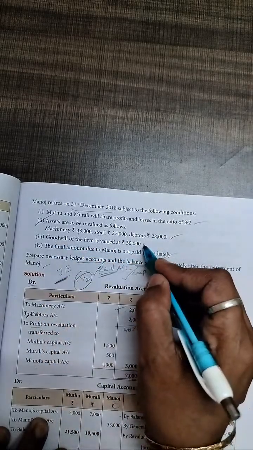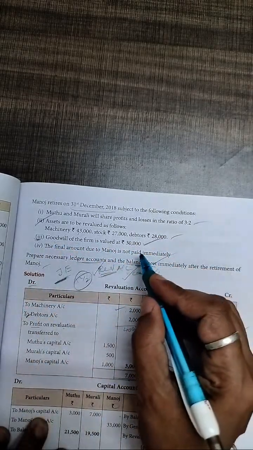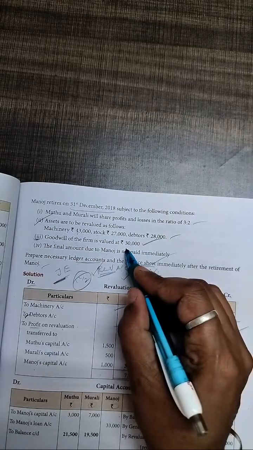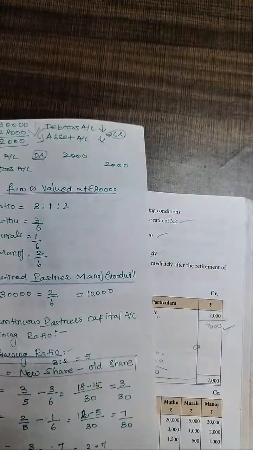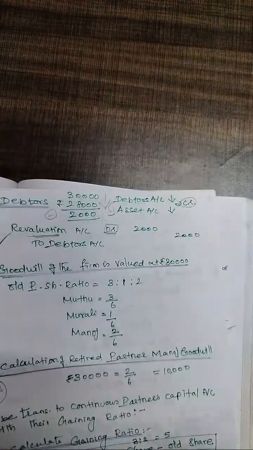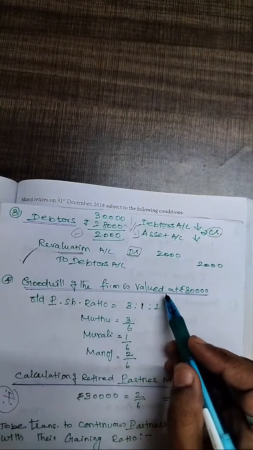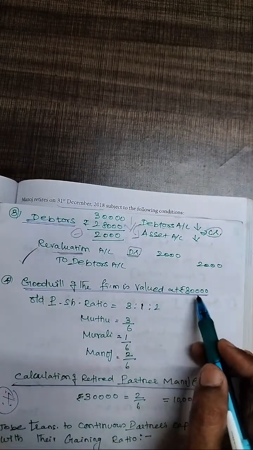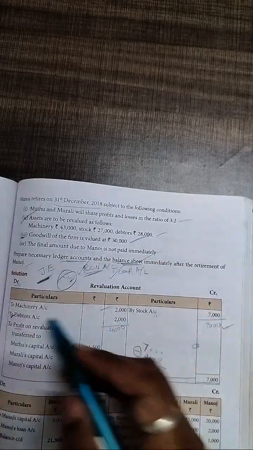So goodwill, let's take the third one. Okay. Third adjustment, goodwill of the firm, they have given 30,000 rupees. Okay. So goodwill of the firm is valued at 30,000 rupees. Who is retired from the partnership firm?